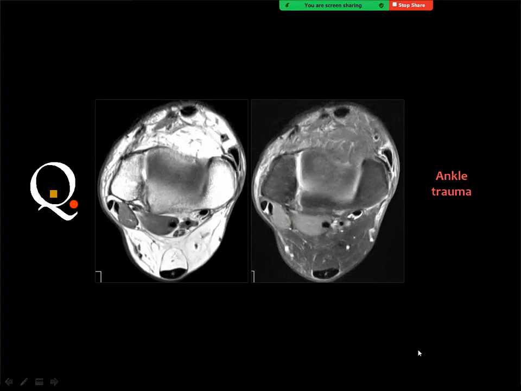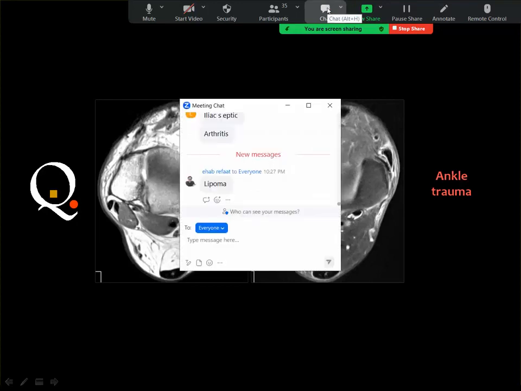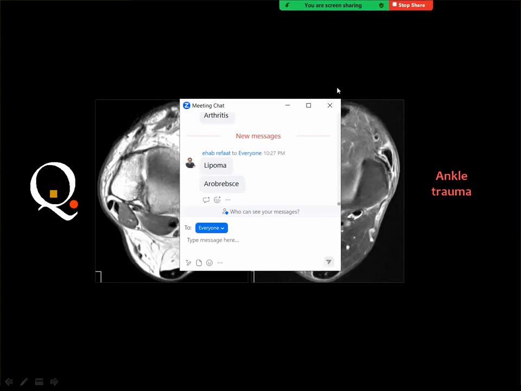Next case is an MRI of the ankle where the patient had a history of trauma, and this is the axial T1 and axial T2 fat set. Lipoma, no. Where is the lipoma?